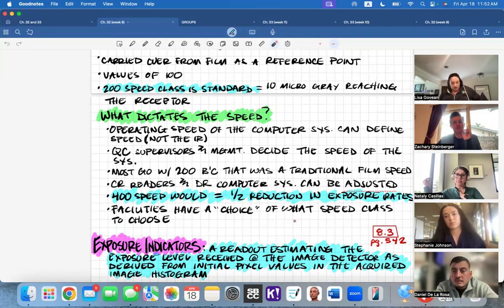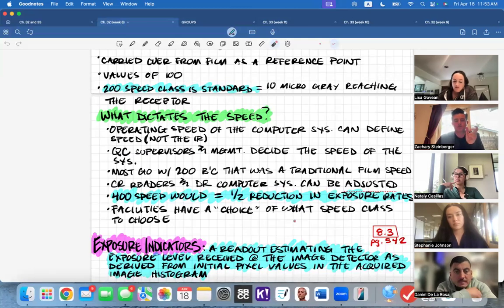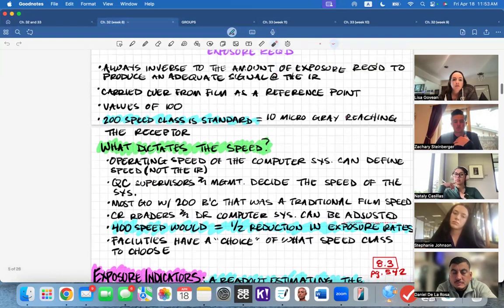I think as far as lower technique, the differentiation should be between a lower mass as opposed to a lower KV because you still need the penetration. So you need less photons, which would be less mass to get the same result, which then, in your notes right here, highlighted in blue, 400 speed would be a half reduction in exposure rates.